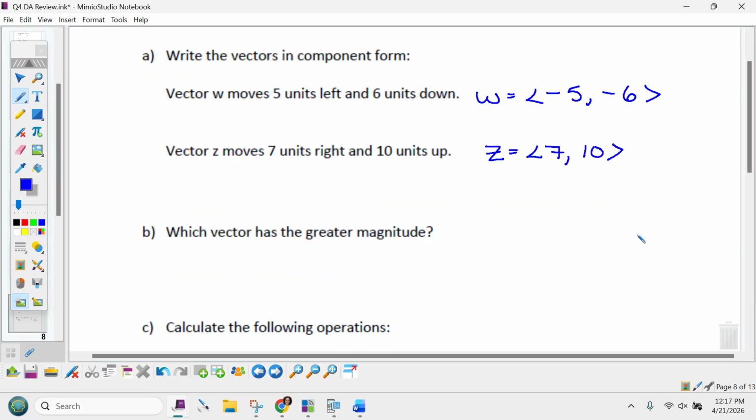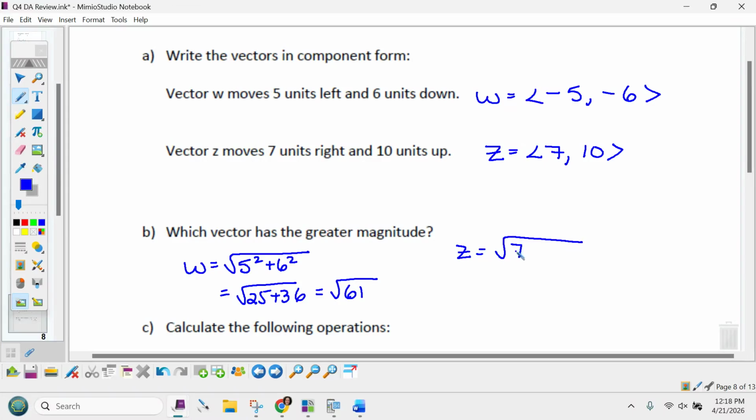Which vector has the greater magnitude? So vector W is 5 squared plus 6 squared. That is 61. All right, Z. That is the square root of 149.